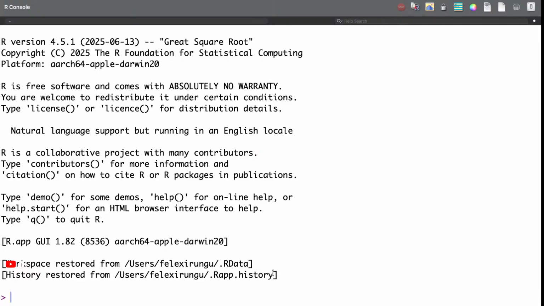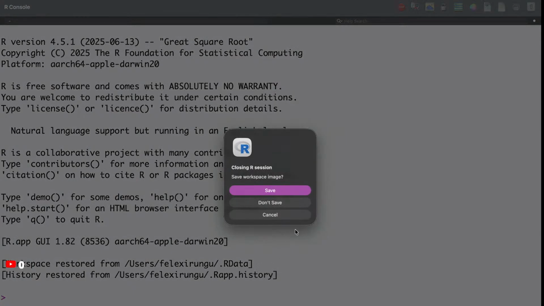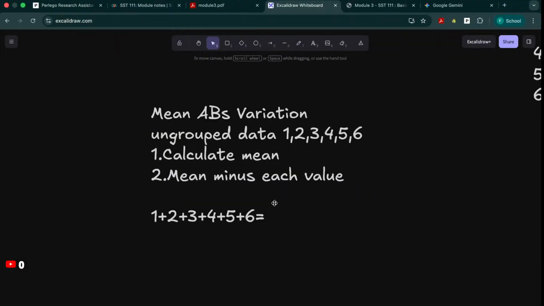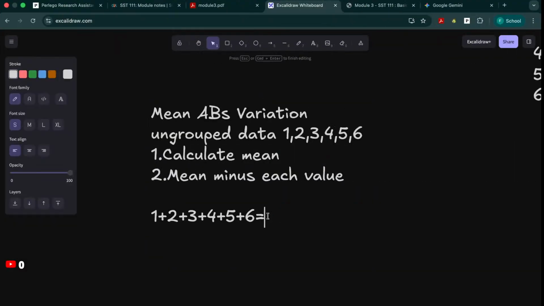That should be our mean. So this is 21, then 21 divided by 6, and it gave us 3.5.